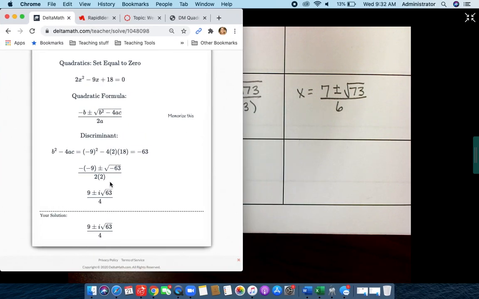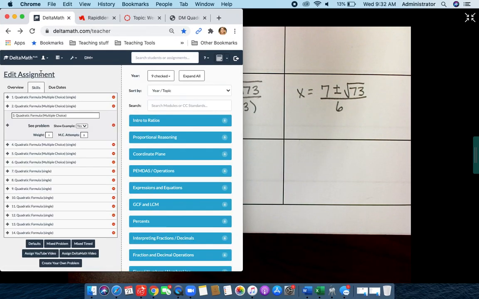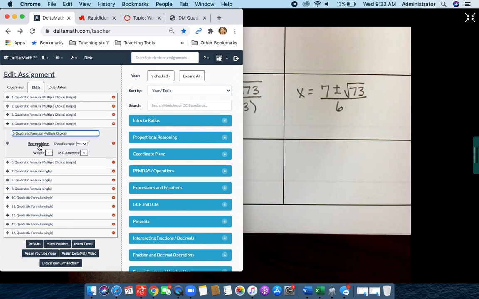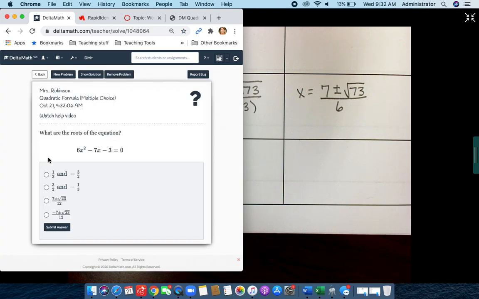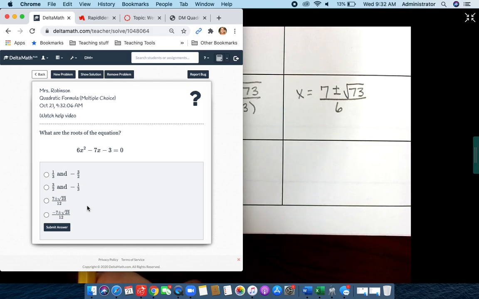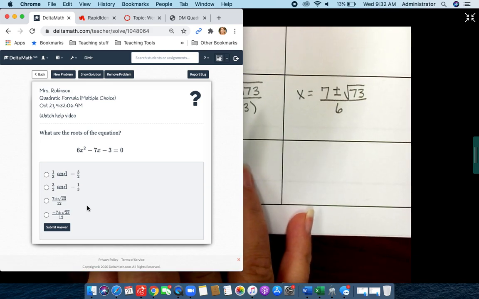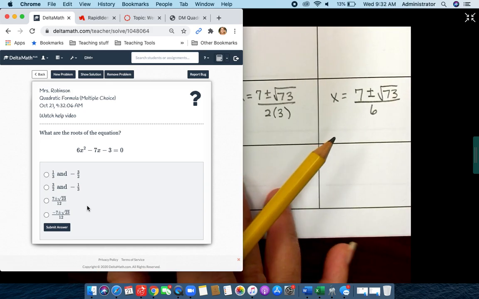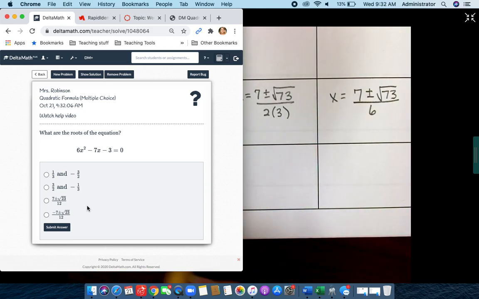So now I can go back to Delta Math. Did I do something wrong here? I typed the problem wrong, or that's just not even the right problem. I apologize, guys. I thought that I changed that problem.